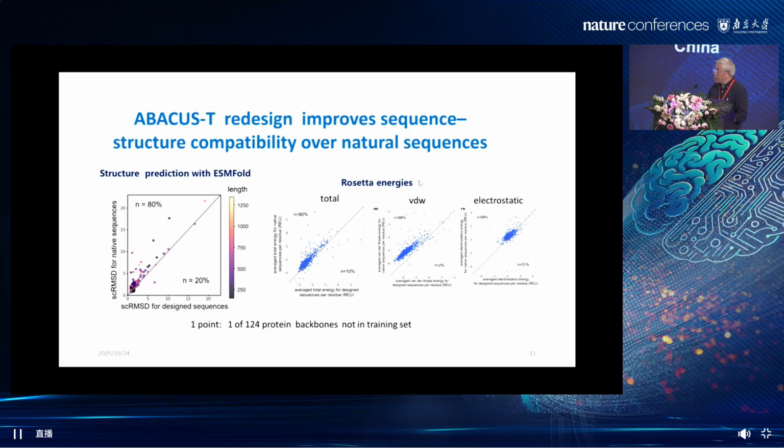And if we look at the energies, we take the structure, optimize it, calculate the Rosetta energy, and compare with the energy associated with the native sequence. We see an improvement of total energy for most of the redesigned proteins, and also the most significant improvement in the van der Waals energy, and some statistical improvement in the electrostatic energy, even though we did not explicitly model it in the energy.